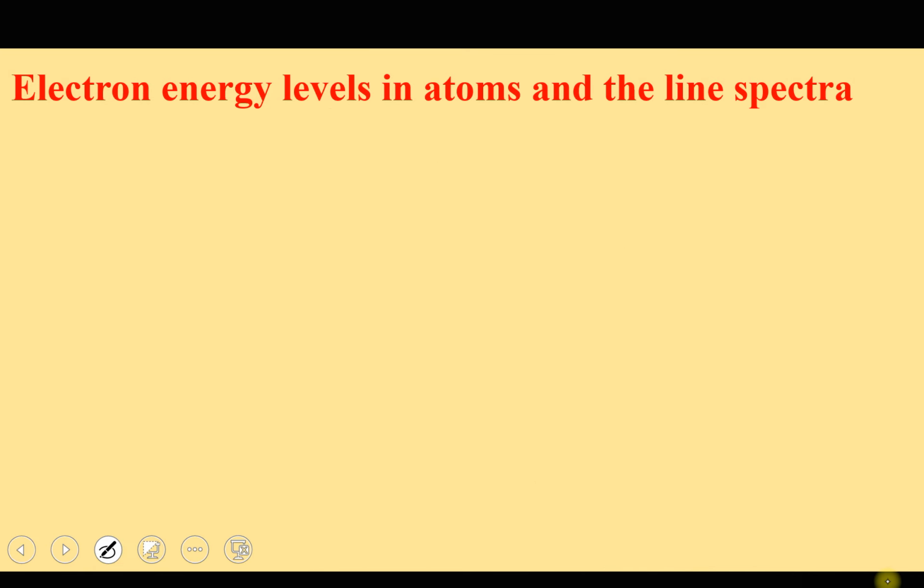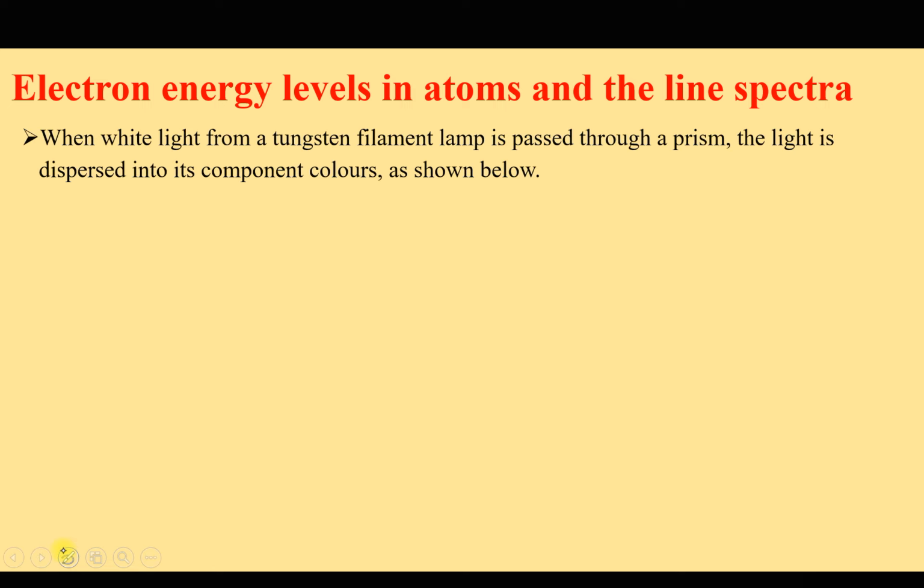So what are these electron energy levels and the line spectra? We know that when white light passes through a prism, the white light undergoes what we call dispersion.